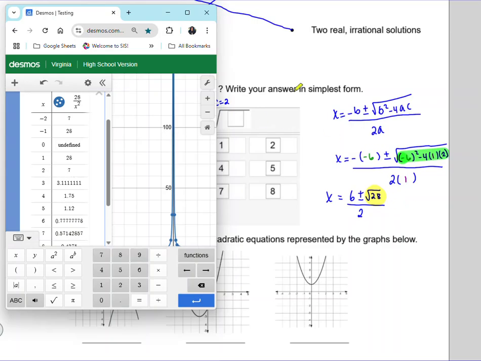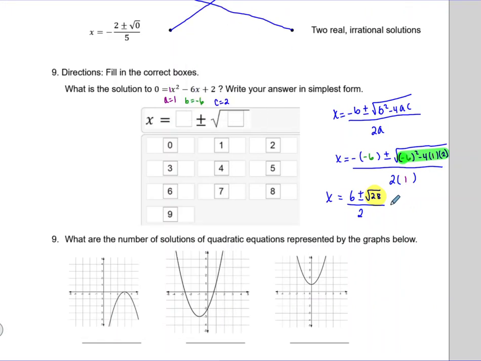So this is going to be equal to 6 plus or minus 2 square root of 7 over 2. Now this over 2, what happens with this one, let me just do that, I don't want to rewrite everything, is basically it gets divided by each of the terms, okay?